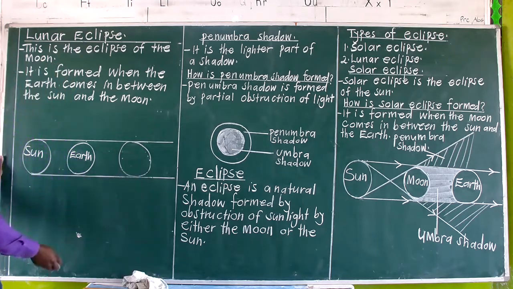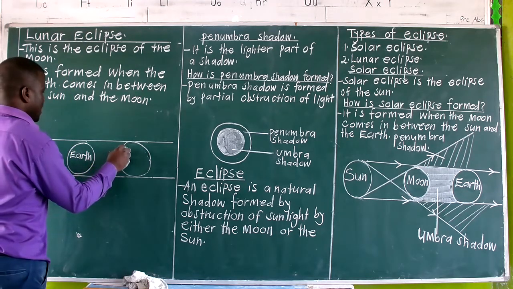Because we say lunar eclipse is formed when the earth is in between the sun and the moon.